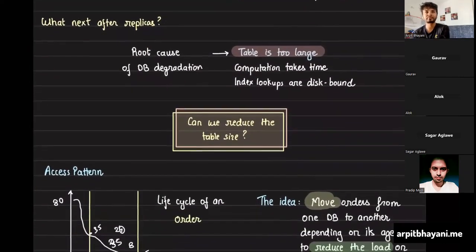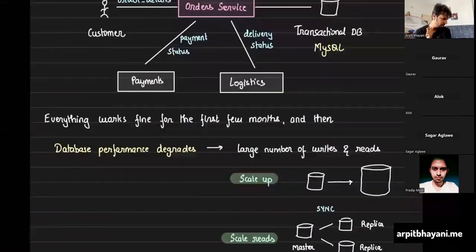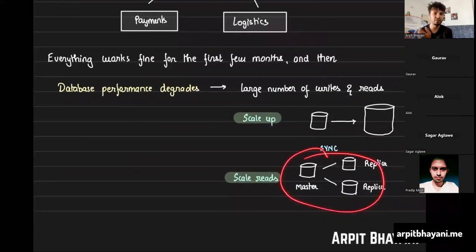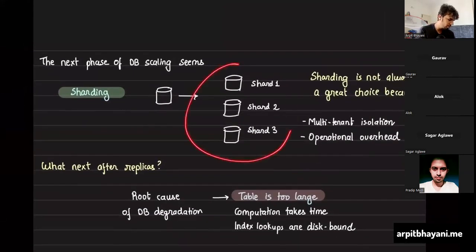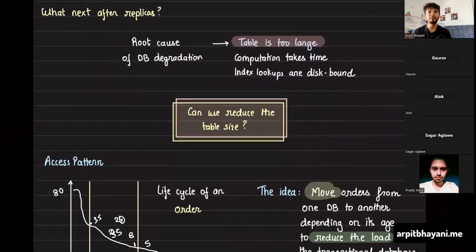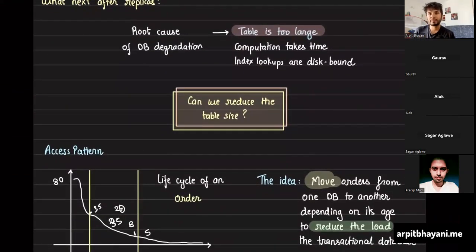If you look closely at this stage of your database architecture, where you have read replicas, you must figure out that this one database was not able to handle a lot of write requests, which is where you were doing sharding. But now what you should look at is the root cause of degradation.